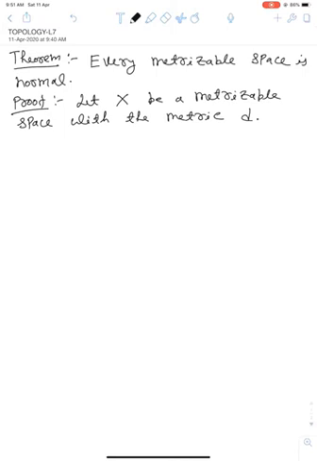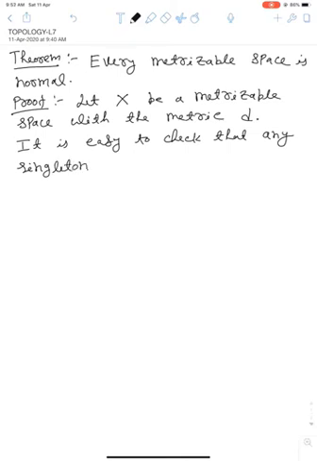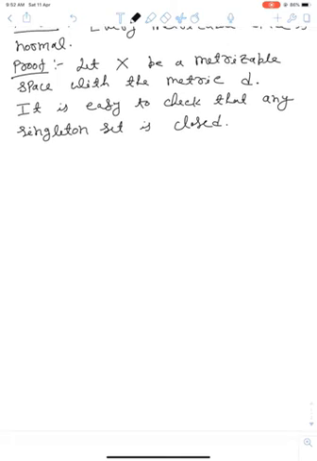Now it is easy to check that any singleton set is closed, right? Because any metrizable space is Hausdorff, or you can just directly prove it. That proof is very simple.